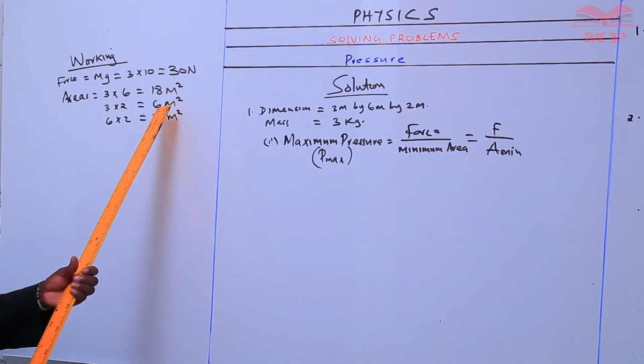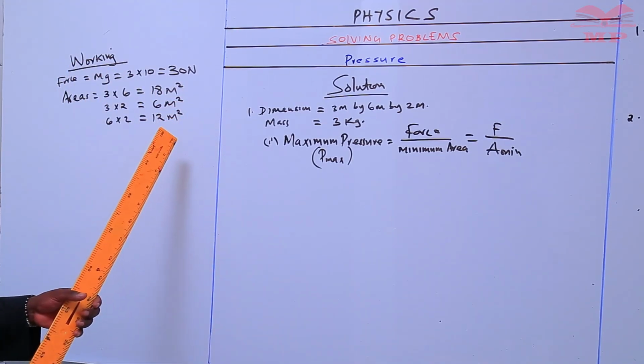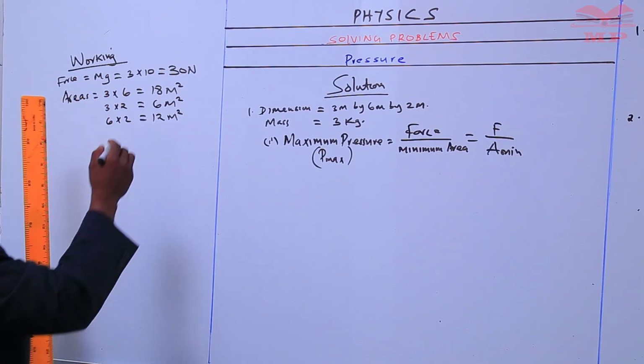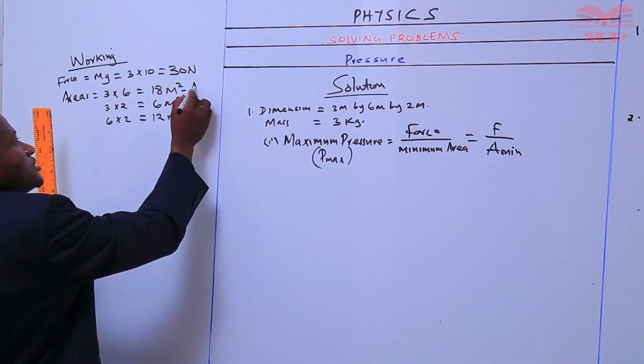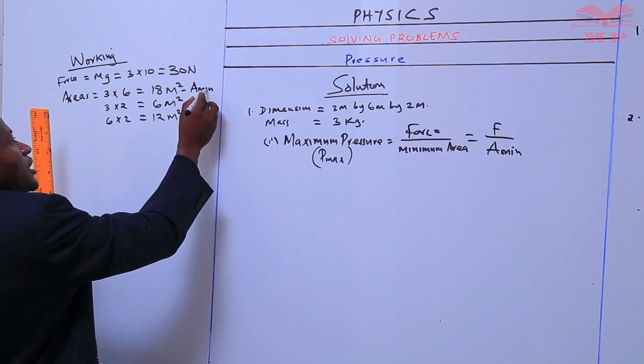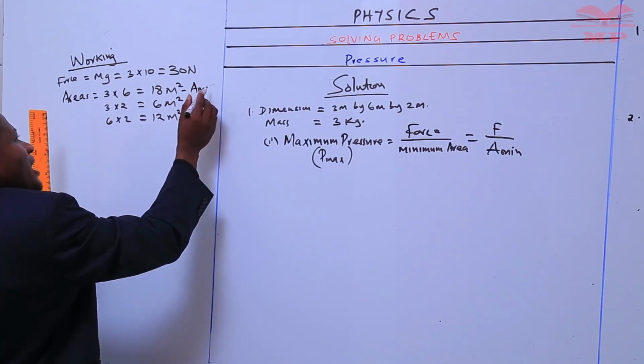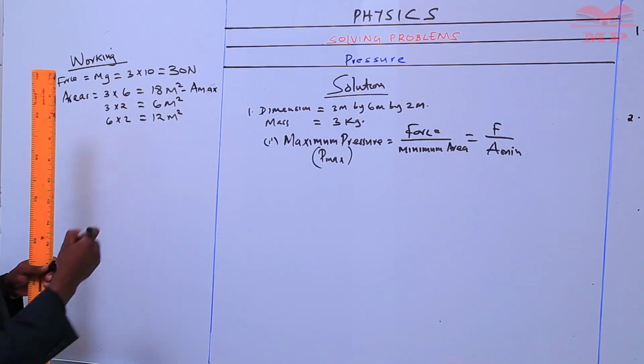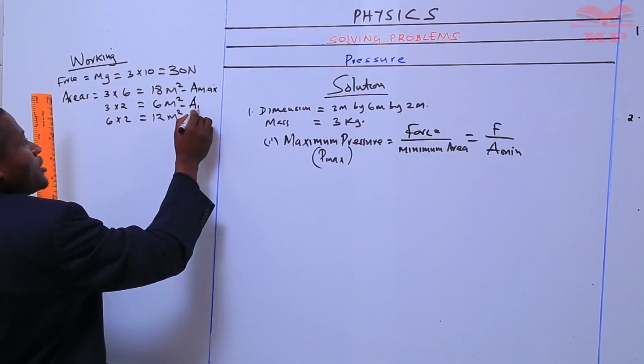From these three areas, we can tell which one is maximum and which one is minimum. For this case, 18 is maximum, and we can denote it as A max. And 6 is the minimum one, so this is A minimum.